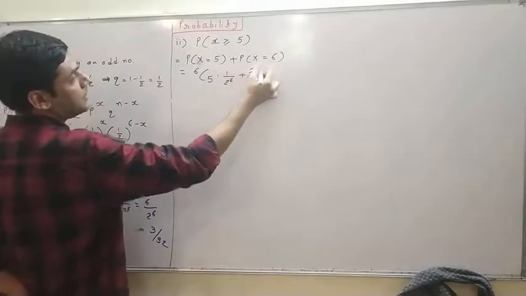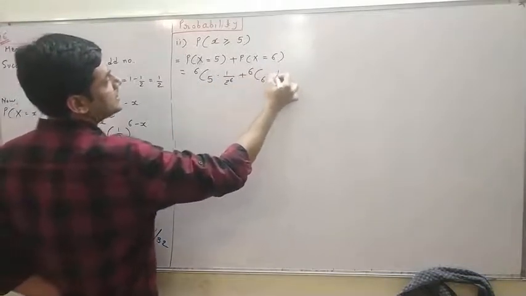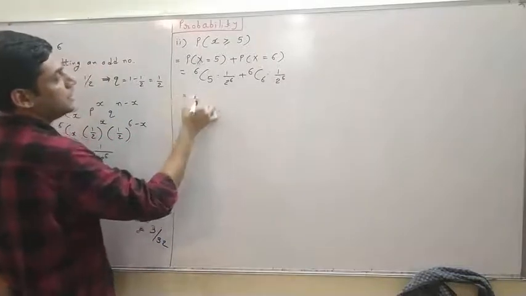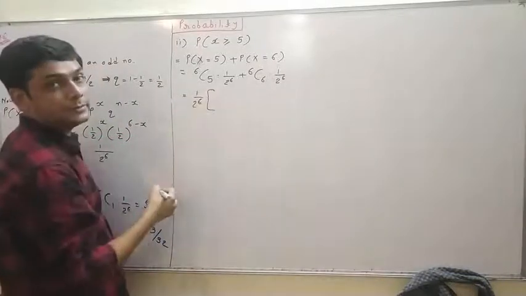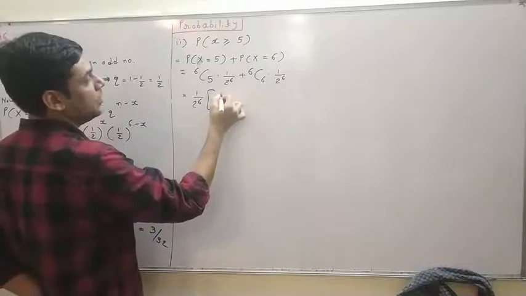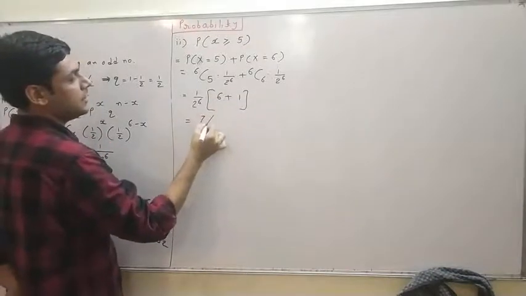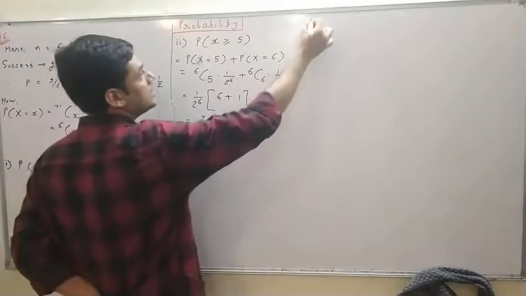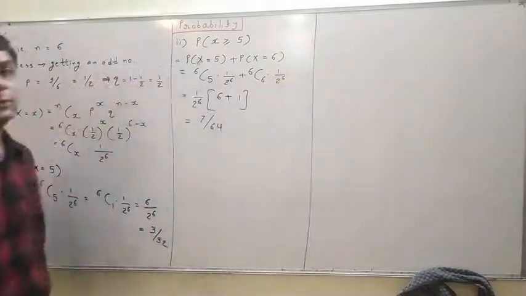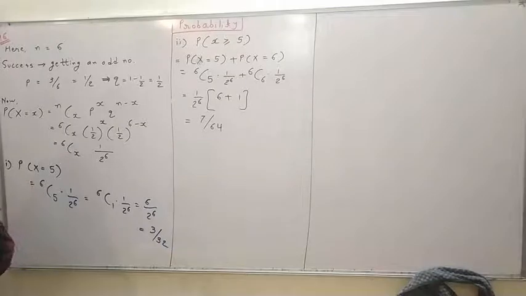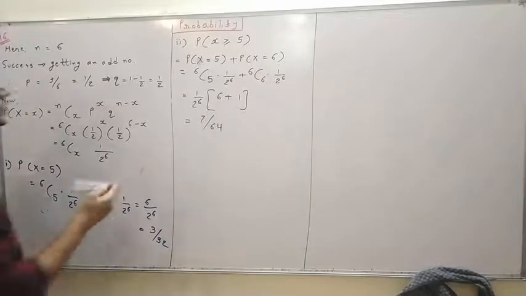And when you substitute x is equal to 6, it is 6C6 into 1 upon 2 raised to 6. So 1 upon 2 raised to 6 is common. 6C5 is 6 and 6C6 is 1. So the answer is 7 upon 2 raised to 6, and 2 raised to 6 is 64. So 7 by 64.